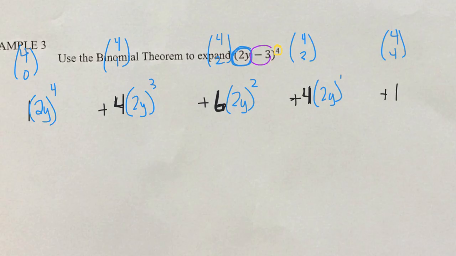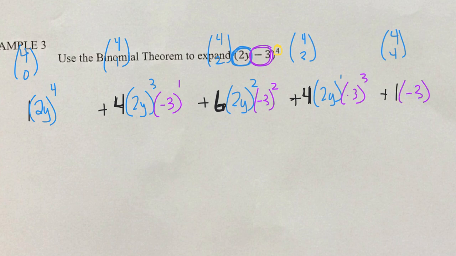Now we move over to our second term, which is -3. Okay? So we start with -3 to the 0, which is, of course, 1, so we don't need to include that one. So here we have -3 to the 1st power, and then -3 squared, and then -3 to the 3rd power, and finally -3 to the 4th power.